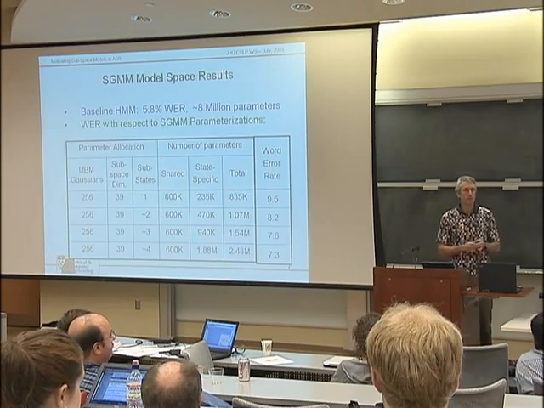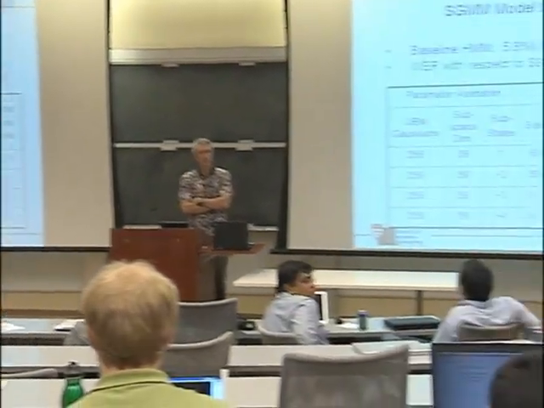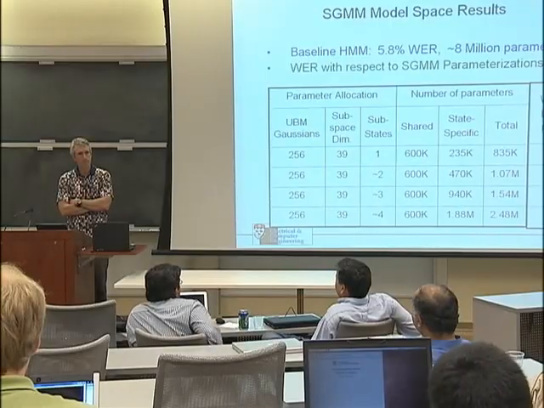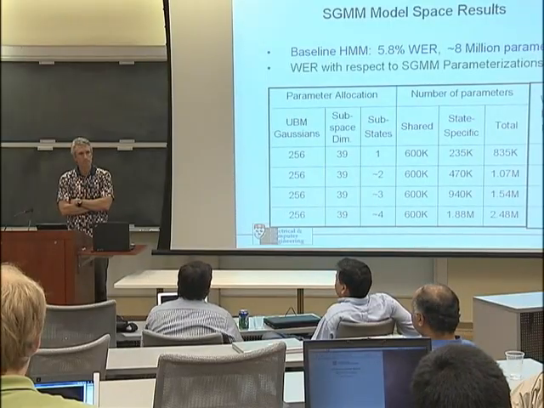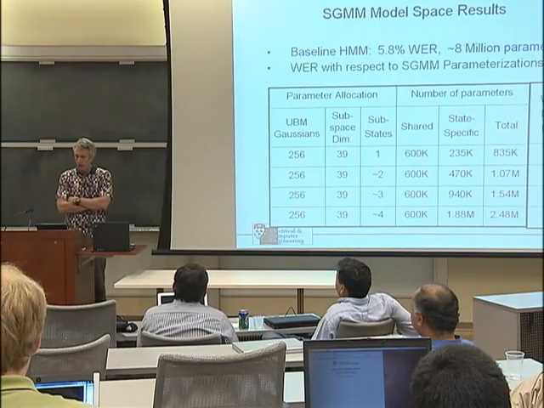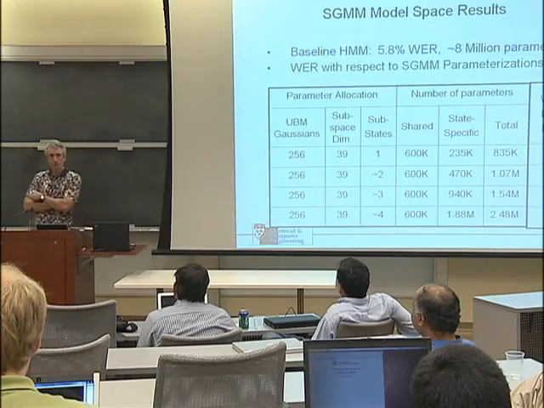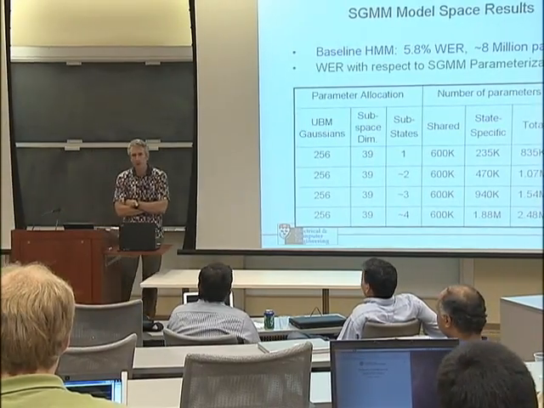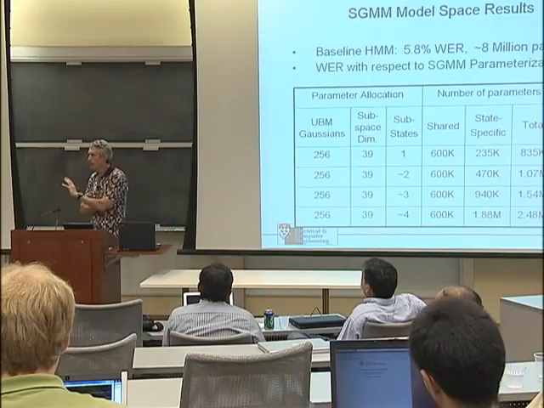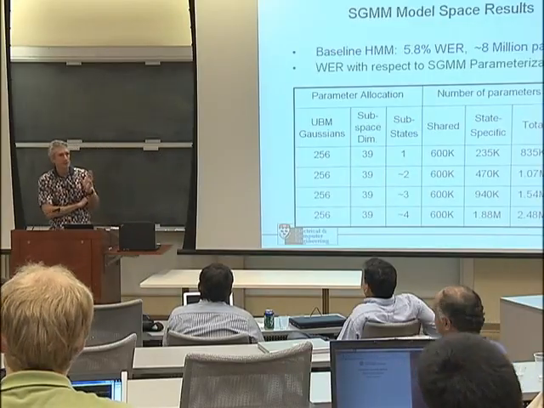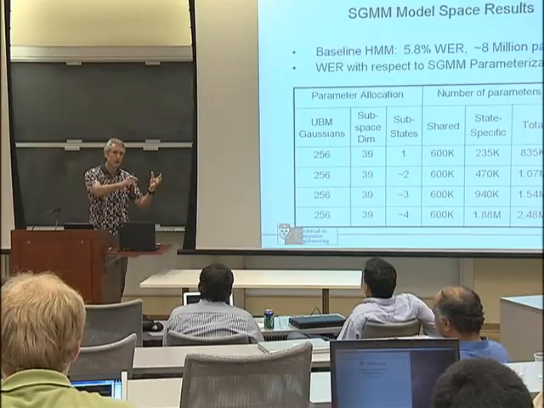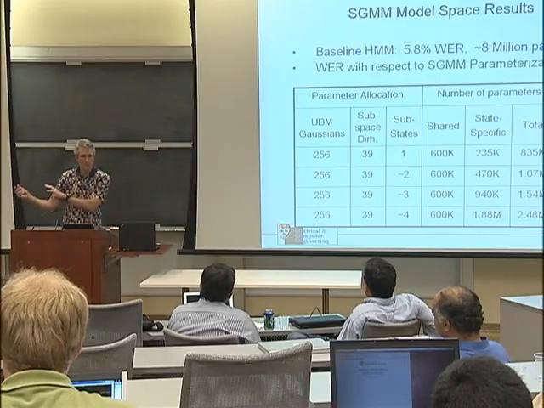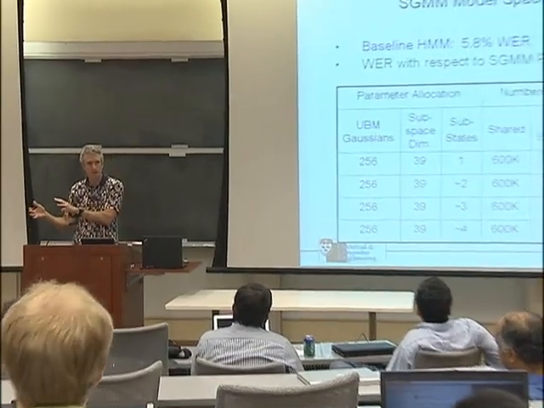Just to speculate, given that you have 80 hours of acoustic training data, I wonder whether you don't have enough Gaussians in your UBM. I think I would defer to Petter's results there, where over a broad range of trade-offs between shared parameters and parameters assigned to states, it's not that sensitive.